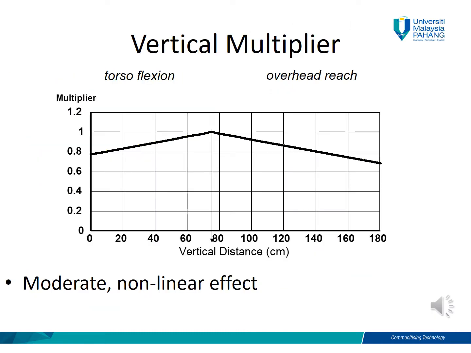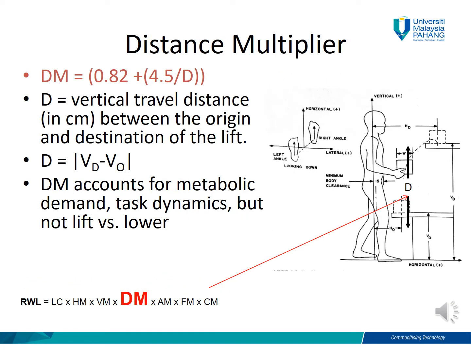This is the vertical multiplier graph, and I will not discuss further about the graph, as we can use the calculation to obtain the vertical multiplier. DM is the distance multiplier.